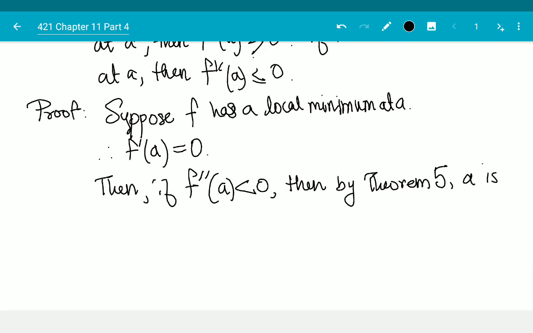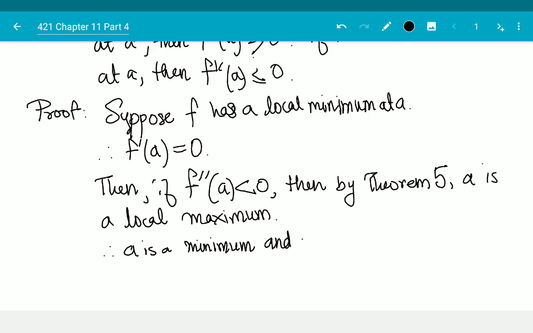A is a local maximum. Well, that's dumb, but that means my a is a local minimum and maximum. Therefore, a is a minimum and maximum of f, right?